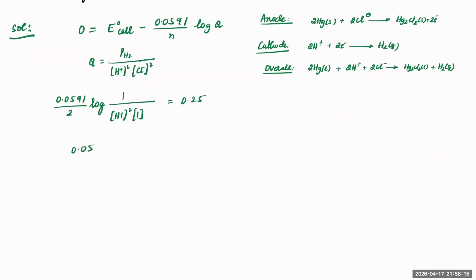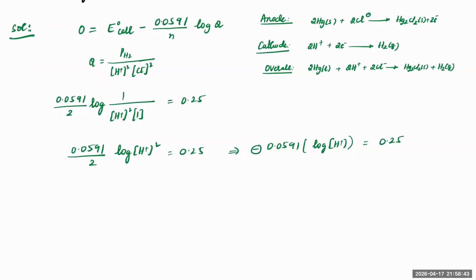So it is 0.0591 by 2 log of H plus squared. If I take the 2 to the other side, that becomes 0.0591 into log of H plus ion concentration, equal to 0.25.